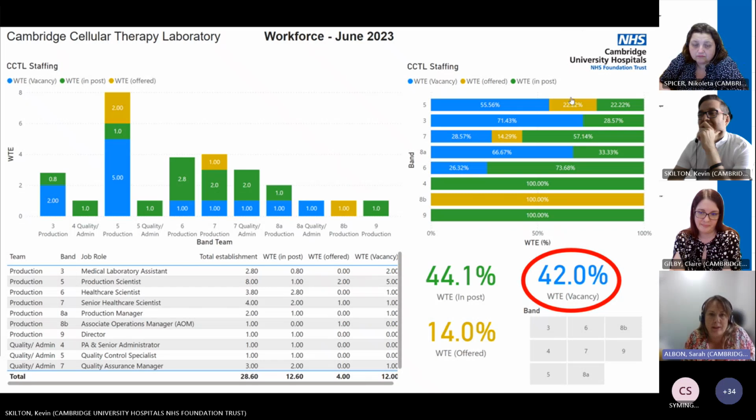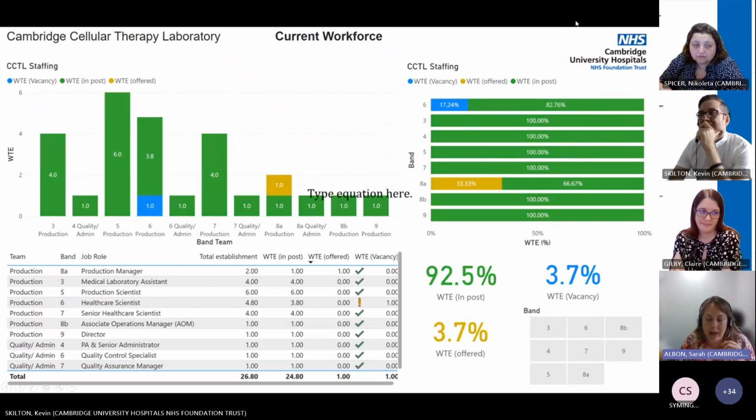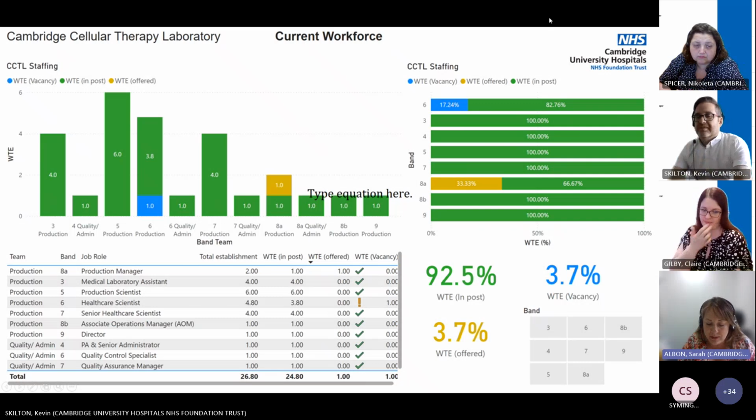So next slide, please. Using the money from the investment case, we have worked exceptionally hard on recruitment, and there's been a staggering improvement to a vacancy rate of 3.7%, and this has been stable for the last 3 to 4 months.